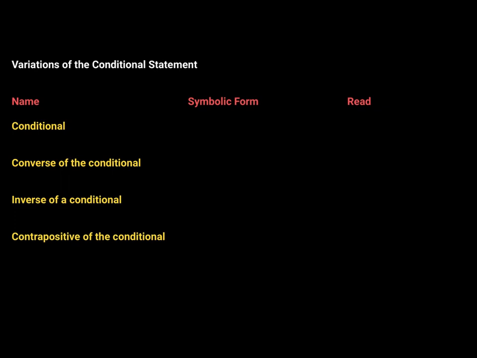If you move P and Q around in the statement, if P then Q, remember, P is called your antecedent and Q is called your consequent. If you switch them, or if you negate one of them, or both of them, it's going to create another kind of statement. So these are different variations of this conditional statement.